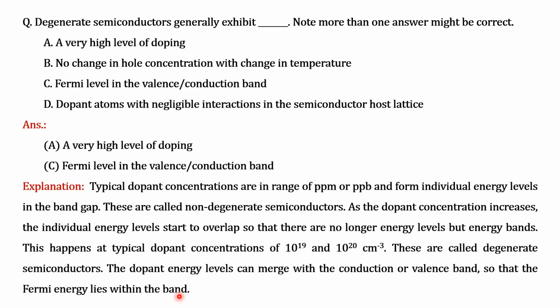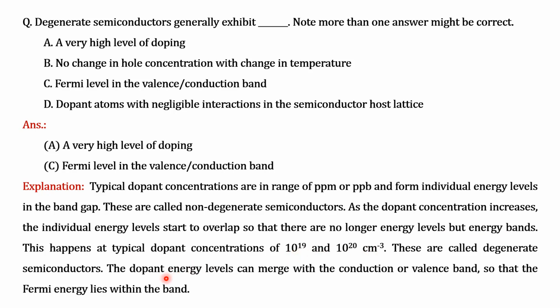Typical dopant concentrations will be in the range of parts per million or parts per billion, and they will form individual energy levels in non-degenerate normal semiconductors. But when the dopant concentration increases, there will be a large number of energy levels, and they will start to overlap with each other and form bands. This happens when doping is in the range of 10 power 19 to 10 power 20.